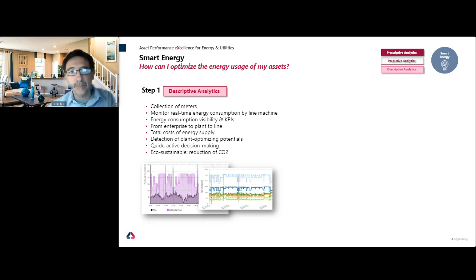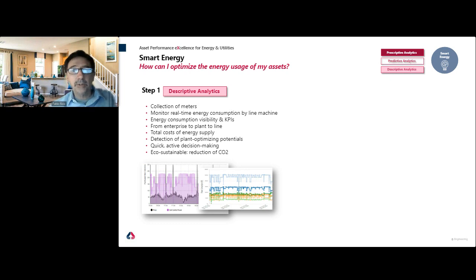And this is also the base for all the initiatives of sustainability for reduction of CO2. So to have basically the base of data for all this strategy.